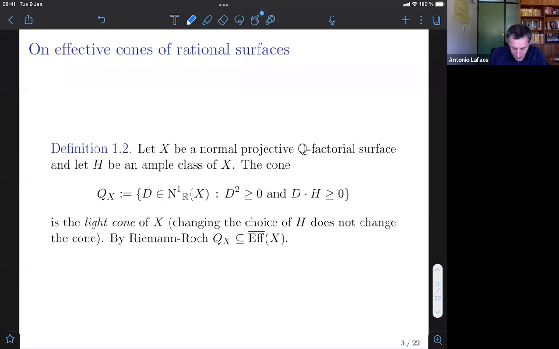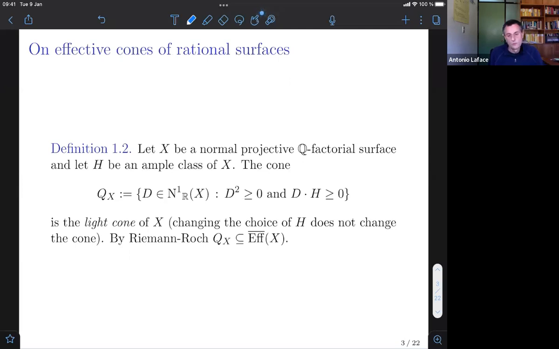If X is normal projective and Q-factorial, then this pseudo-effective cone has to contain the following light cone. So Q(X) is the cone of classes of self-intersection greater than or equal to 0.